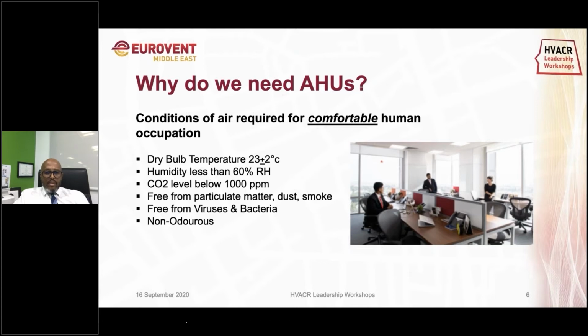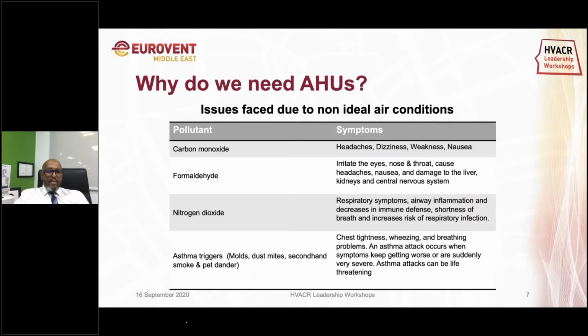But moving into ASHRAE 62.1, the issues faced due to non-ideal air conditioning start from carbon monoxide, formaldehyde, gases, nitrogen dioxide, and other respiratory issues that could give us different symptoms. Carbon monoxide gives us headaches and dizziness, while the others give respiratory issues, irritation to the eyes and nose, and so on and so forth.